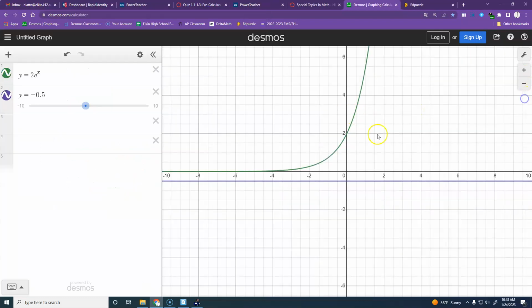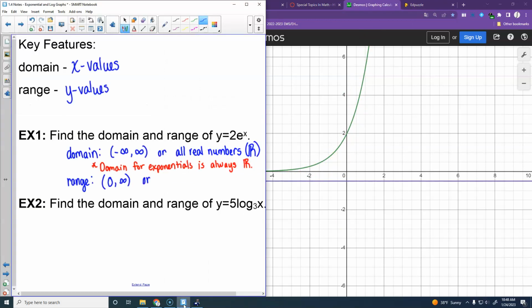Let me go back here. We're starting down here at 0, going on the y-axis all the way up to infinity. So those numbers are greater than 0. So we would have y is greater than 0. I don't use the "or equal to" for my sign because I never actually touch 0, because it's a horizontal asymptote there.